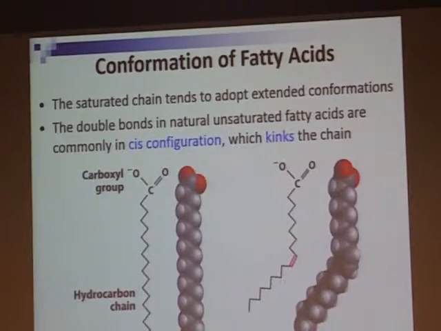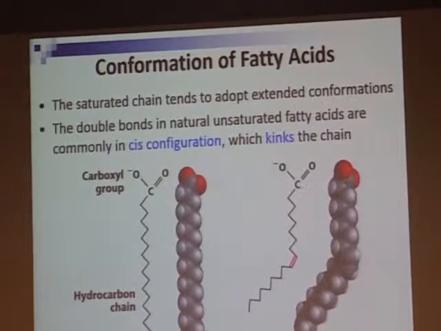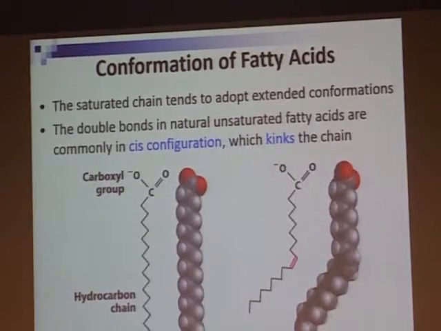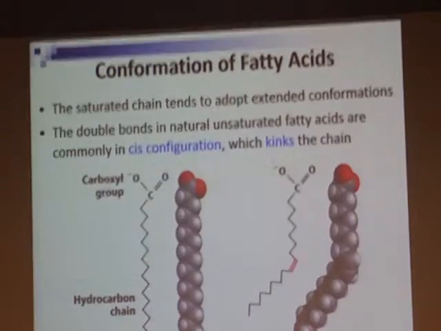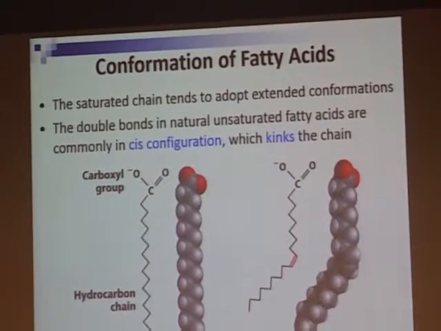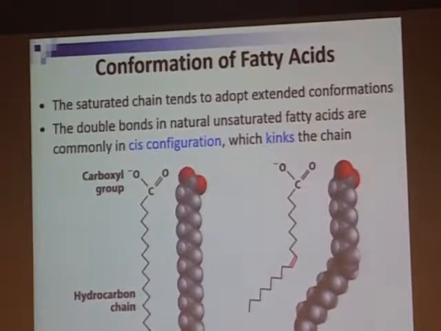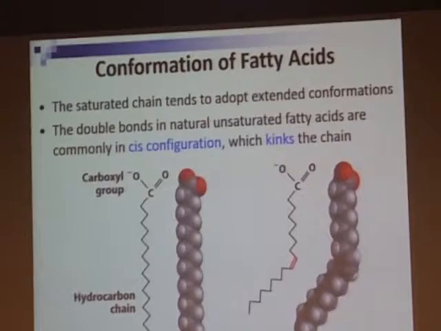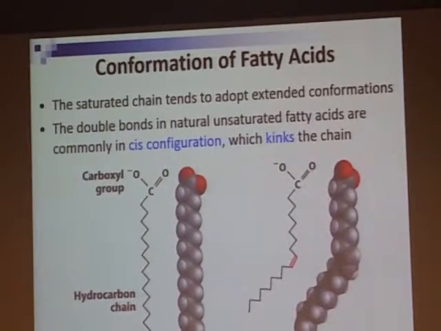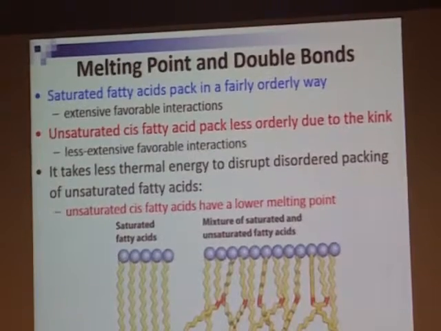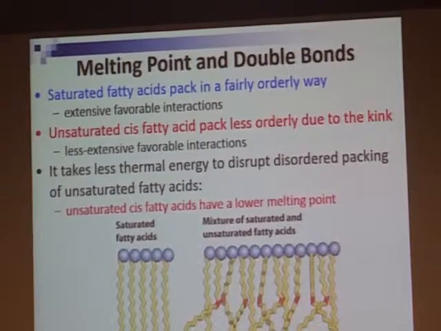So we talked about conformation of fatty acids and how you can have unsaturated, that have these kinks. And they're all cis form, right? The natural form of the unsaturated fatty acids is always kinked, and the saturated version is very linear, right? This leads to different physical properties.